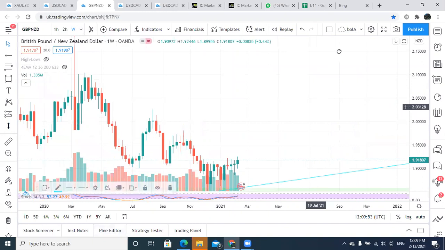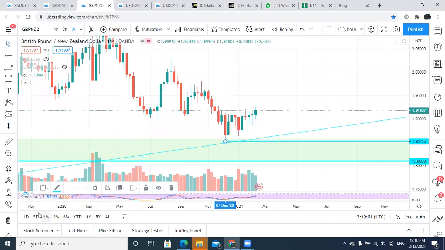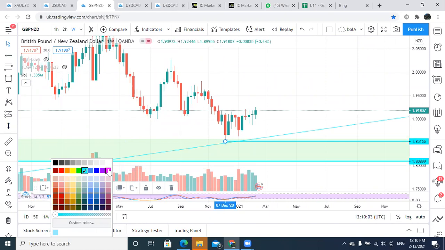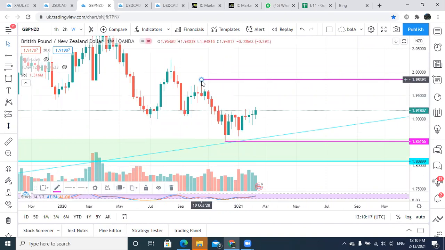So the weekly is now telling me that we have this particular low right here. And then I'll change that to my magenta, which is my weekly color. And then obviously we have a very significant level of resistance that is coming in that area. Okay.